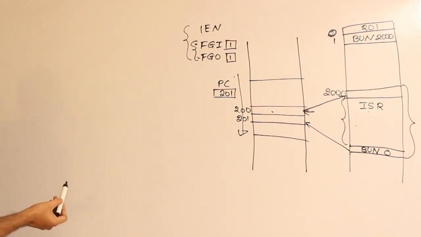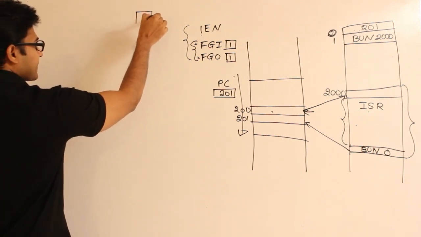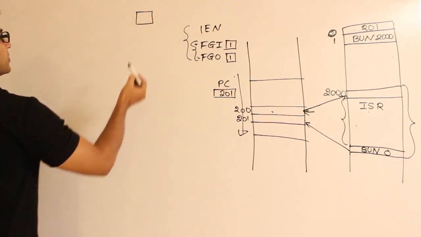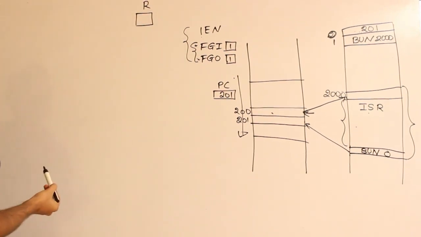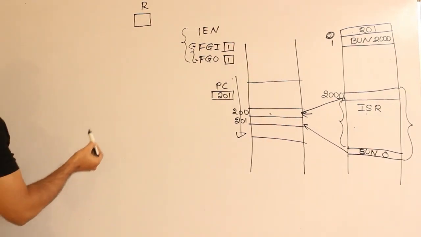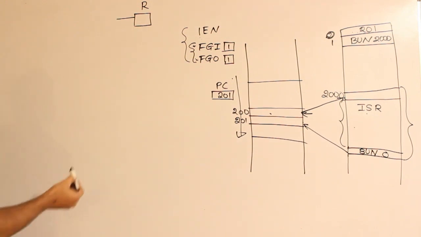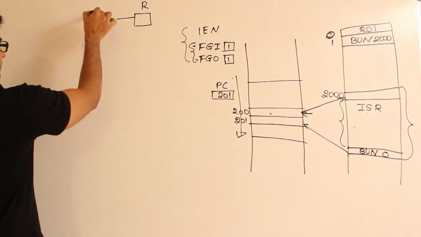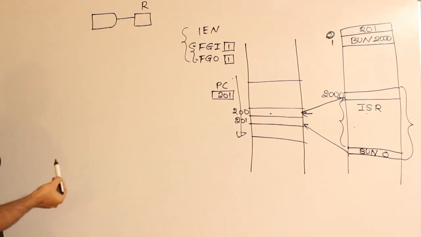So for that reason, I am going to use a new flag, let's call it R. This R flag indicates that there is an interrupt. Now how to set it? I am going to use an AND gate like this. What is the condition that you should raise an interrupt?